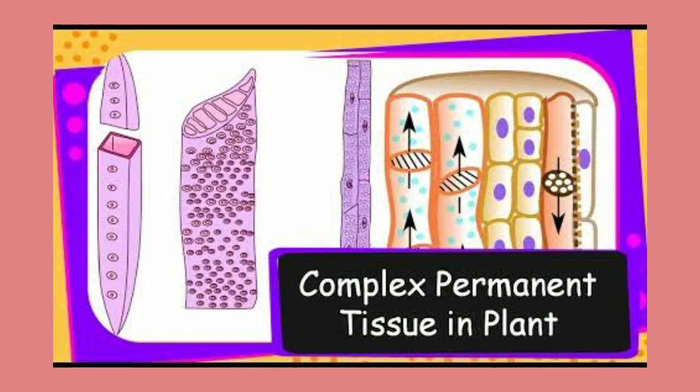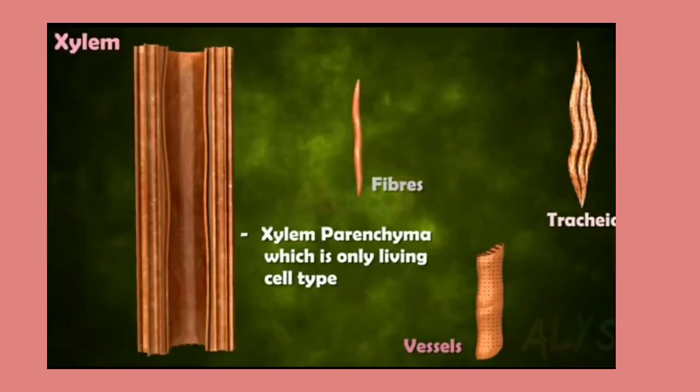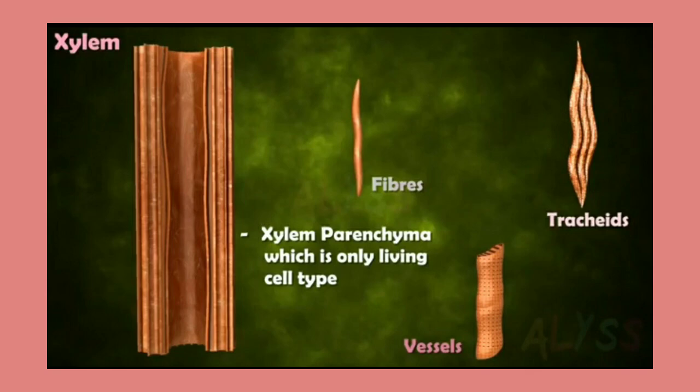Now let's see the different types of complex permanent tissue. There are two types, xylem and phloem. To begin with xylem, it consists of thick-walled dead cells. The types of cells present in xylem are tracheids, vessels and xylem fibers.